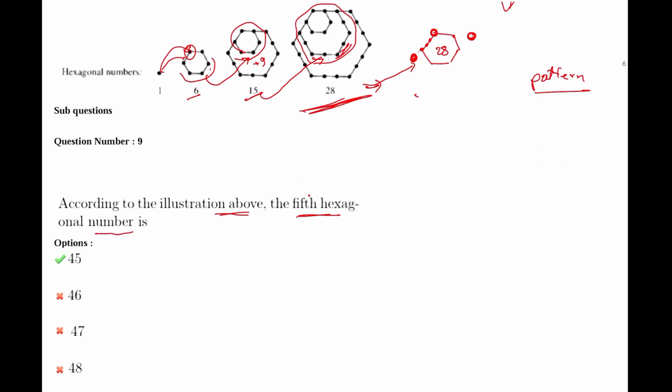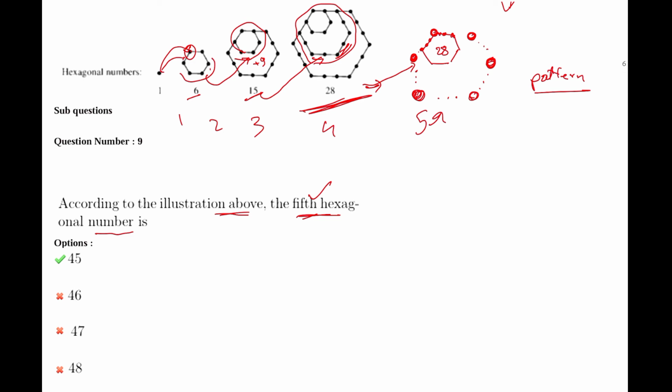They are asking fifth hexagonal. So 1, 2, 3, 4. Fifth hexagonal number will be like this, 1 2 3 dots, 1 2 3 dots, 1 2 3 dots, 1 2 3 dots, and here 1 2 3 dots, here 3 dots.